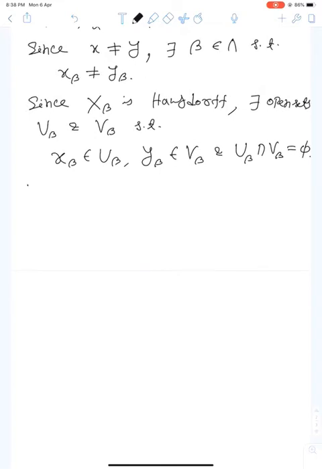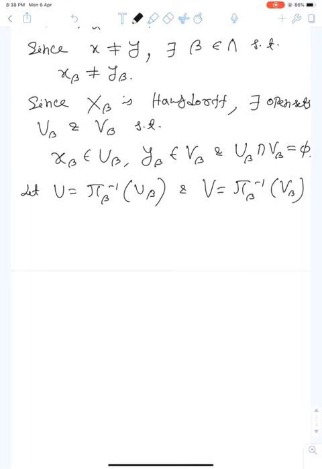Now let U equal pi beta inverse of U beta, and V equal pi beta inverse of V beta. What is my U?